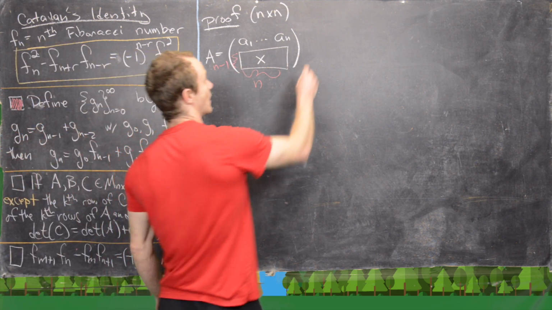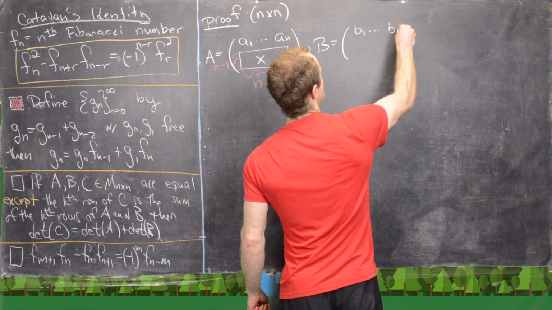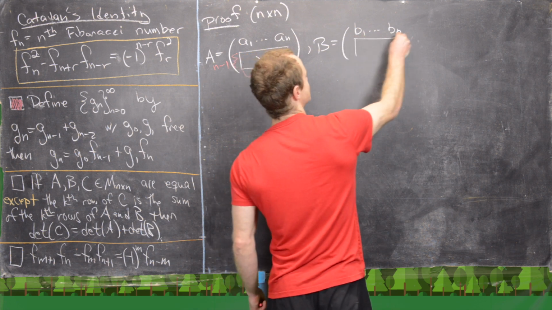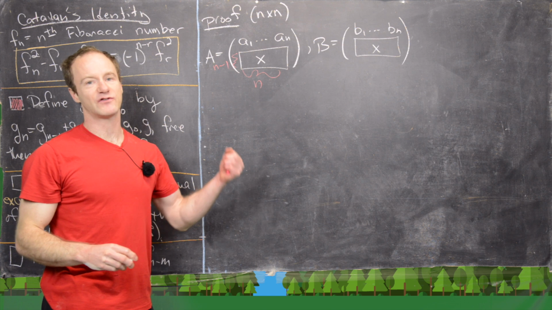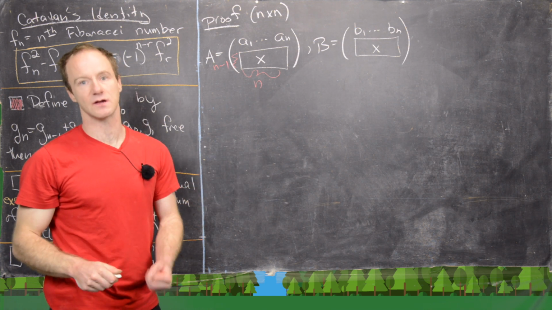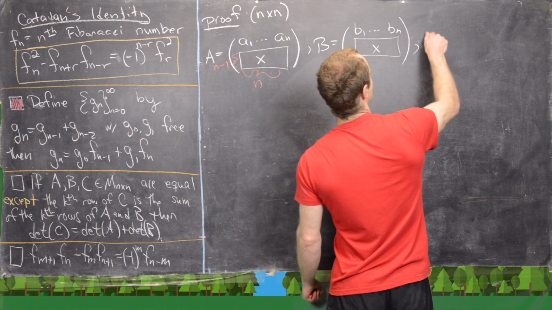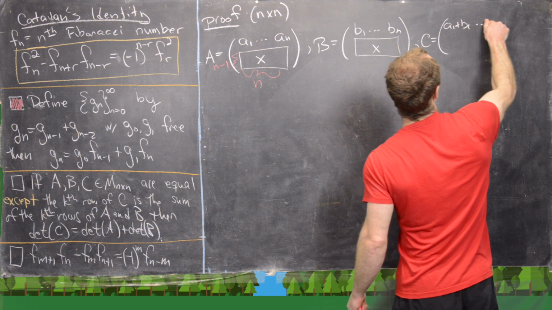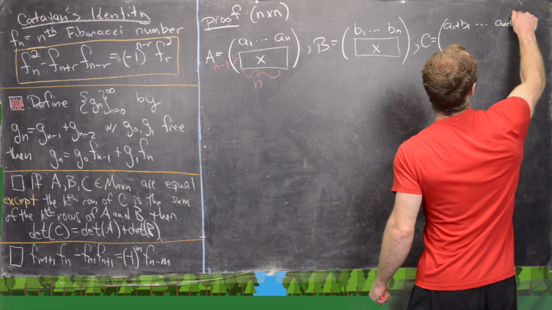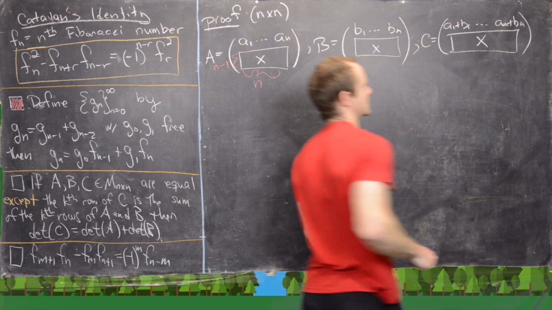So that's important to know. And then B will be given by B1 up to Bn in the first bit, and this block matrix down here, which is X again, because notice A, B have to be exactly the same except for a single row, and that single row will be that first row. And then finally, C is equal to A1 plus B1, dot, dot, dot, An plus Bn, and then this block matrix X, which is down here.